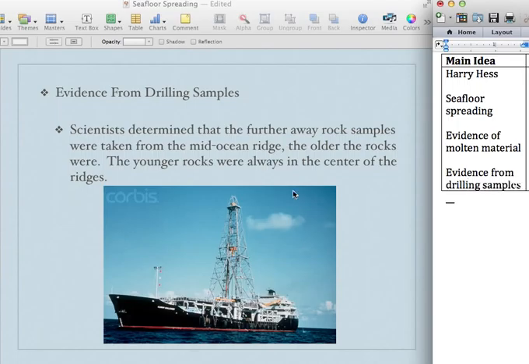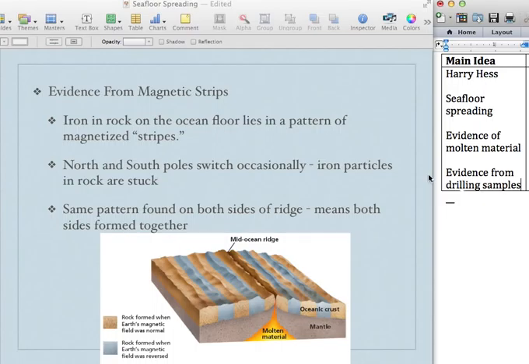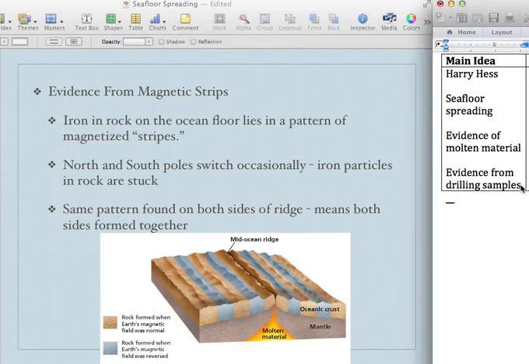And the last piece of evidence is a little bit tricky, and we'll go over this more in class tomorrow when I'm back. It was evidence from magnetic stripes. When the lava erupts, it has little pieces of iron in it. And this iron, in the lava, can move around and line up with the Earth's magnetic field.